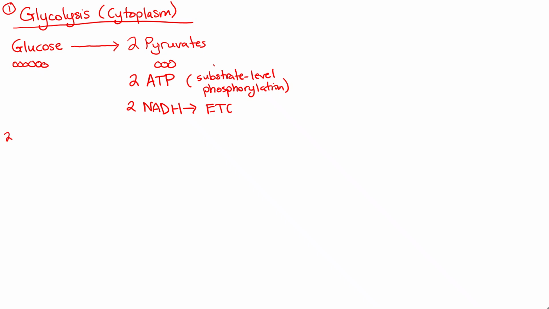Second step, we have pyruvate moving into the mitochondria, and it is broken down. So pyruvate oxidation. This happens in the matrix.